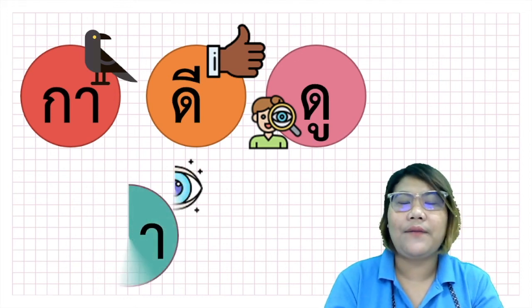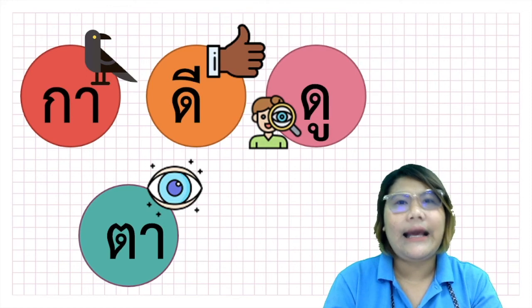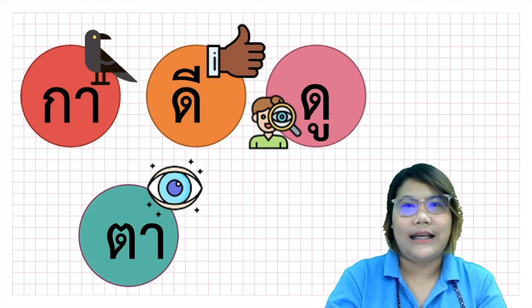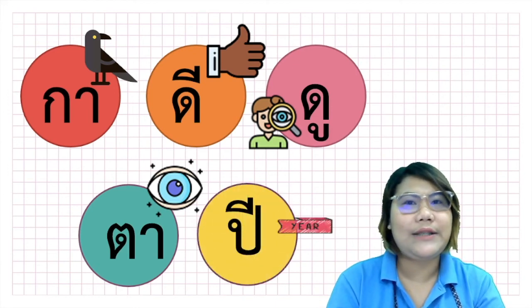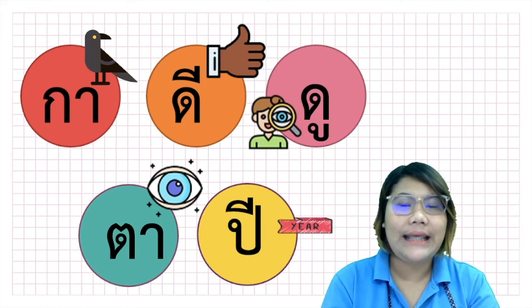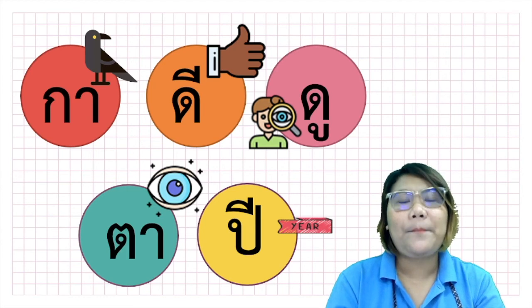And the next one. With the vowel a. We read it ta. Can you say this again? เก่งมากค่ะ And the next one is the word be. Yes, with the vowel e. Be.